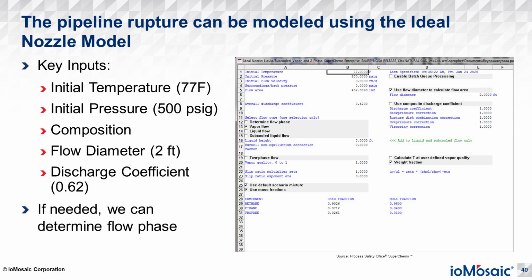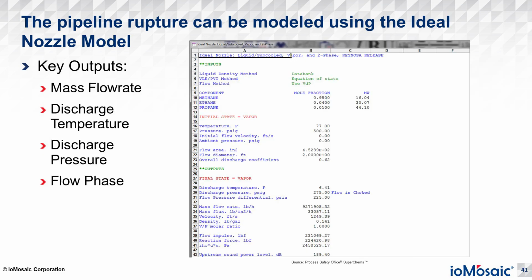In this case, it's obviously a vapor phase. So we run the calculation, and some of the key outputs from the ideal nozzle for this scenario are mass flow rate, discharge temperature, discharge pressure, and flow phase.